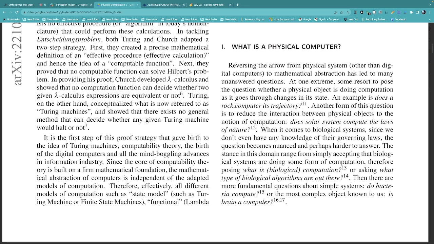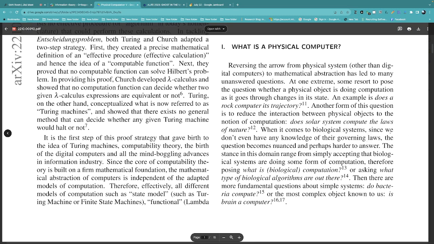So we don't want to necessarily say a rock computes its trajectory, but there are things in the natural world that may compute their trajectory that we don't think of as having any sort of sentience or anything like that. And in fact, it's not so much a matter of that, it's just a matter of the system interacting and being able to extract things from those interactions.